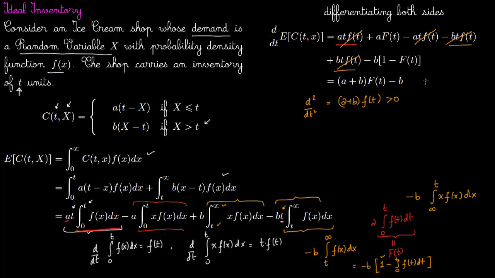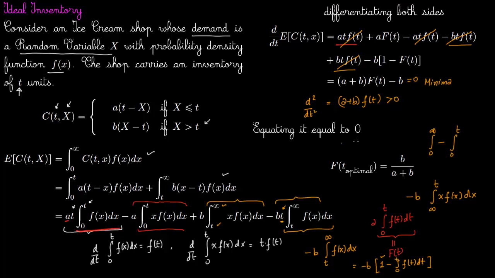So since we have a minima, you can say that we have an optimal cost. So you equate this equal to 0. So equating equal to 0, you get F of t optimal as b over a plus b.